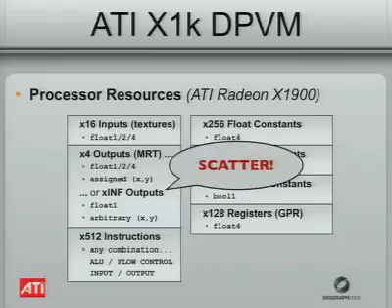And if I was too subtle, the infinite outputs allows you to do scatter, which is something that no high-level API has actually integrated into either a high-level language or exposed through a method call.